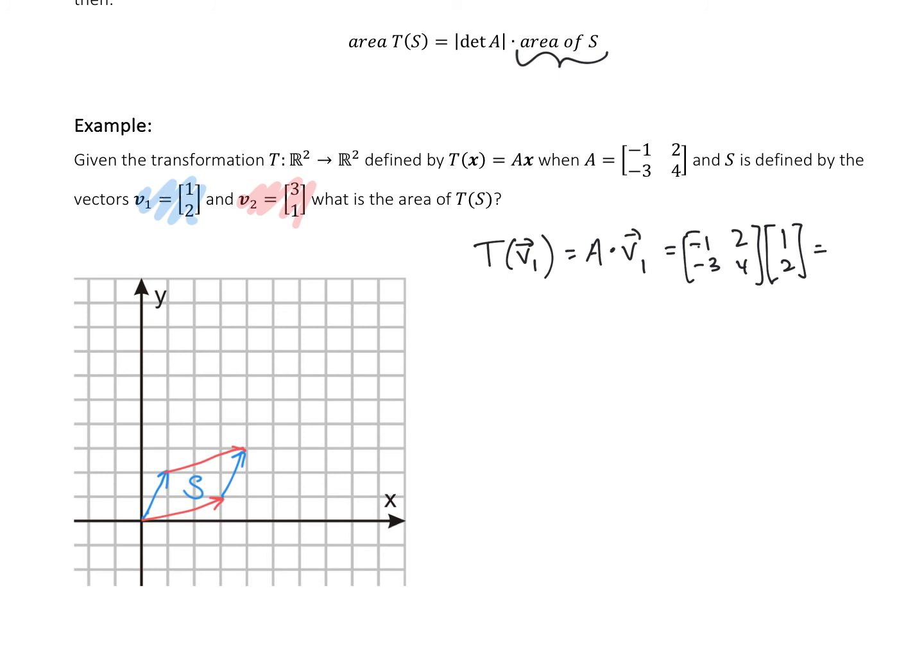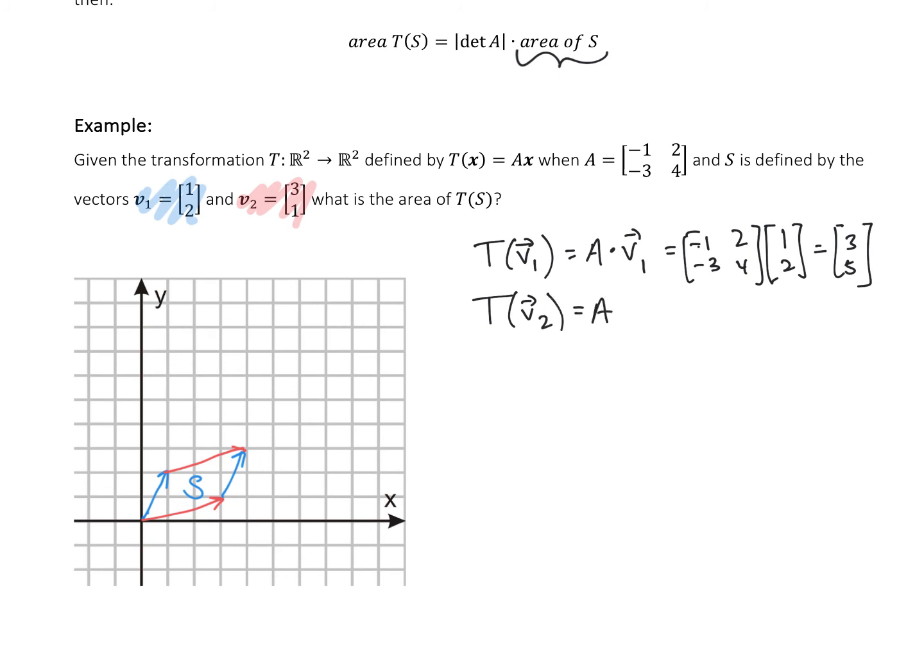It's going to give us -1 plus 4, which is 3, and -3 plus 8, which is 5.